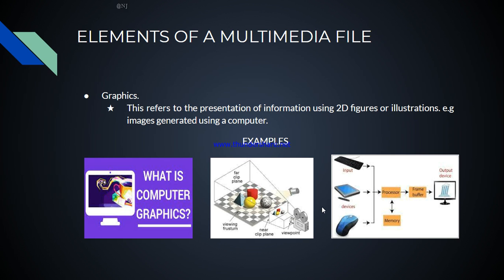A multimedia file can also contain all of the elements, just like this presentation, because in this presentation we have graphics, animations, general videos, text and everything. So this presentation is an example of a complete multimedia file.